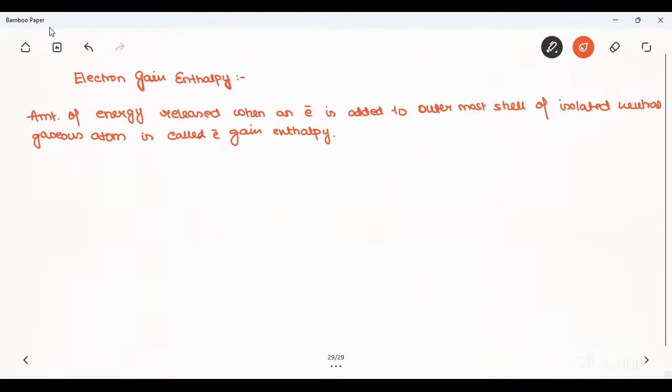Okay, how does it vary along the group? In a group, that is from top to bottom, this property decreases, right? This is due to the increase of atomic size. And in a period, that is from left to right, this property increases.